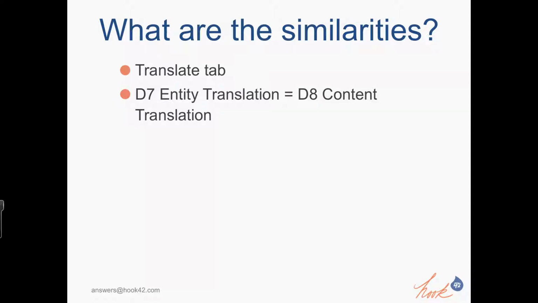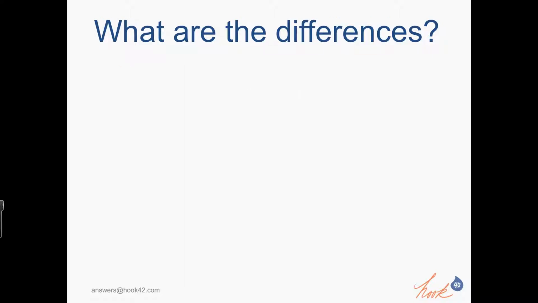Give it an ID that wraps these two nodes together. And D7 entity translation is, hey, I have one node, node 1, that has all the information for all my translations in that one node, and it also is called field translation.